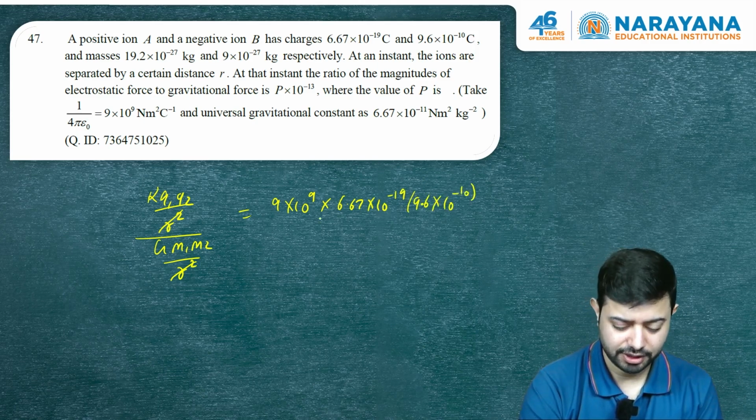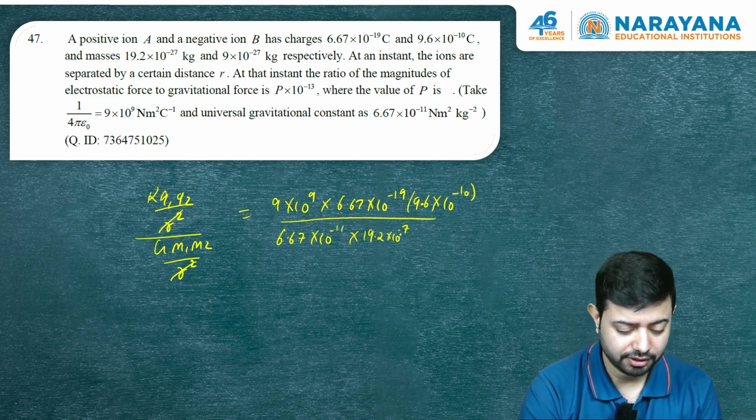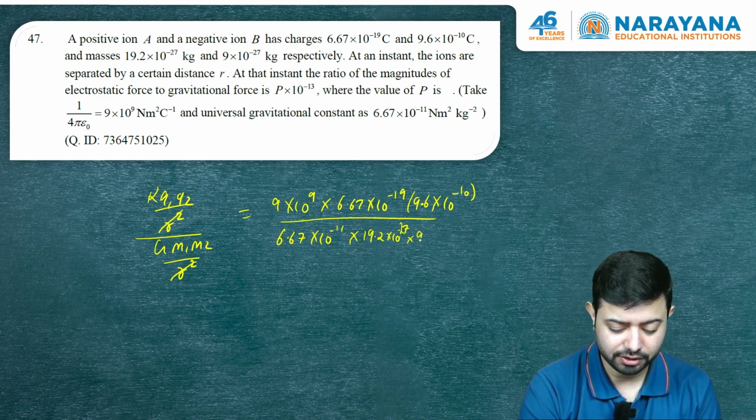Okay. Then divided by G m1 m2, G is 6.67 into 10 to the power minus 11, mass m1 19.2 into 10 to the power minus 27, and m2 is 9 into 10 to the power minus 27.